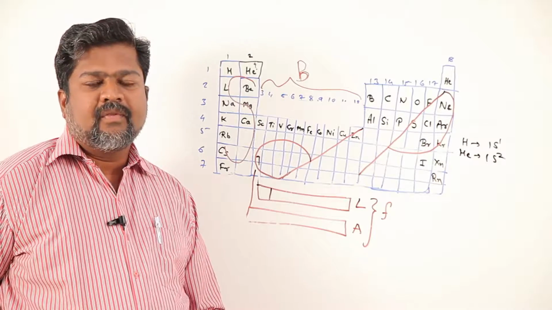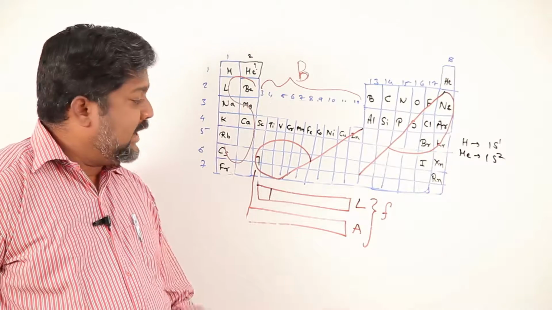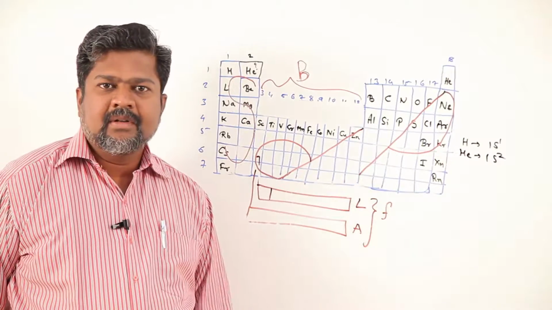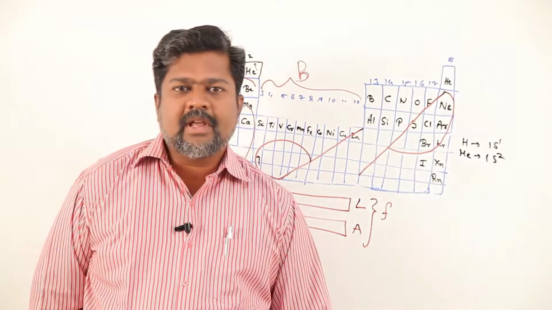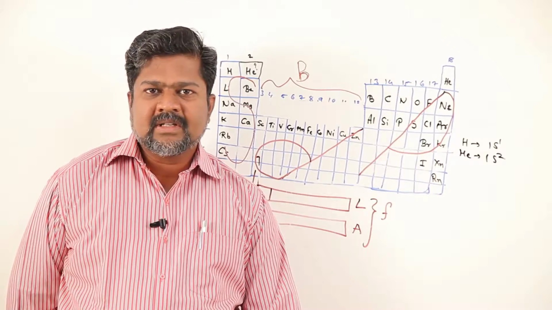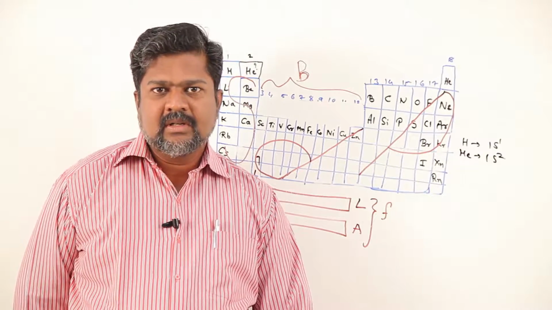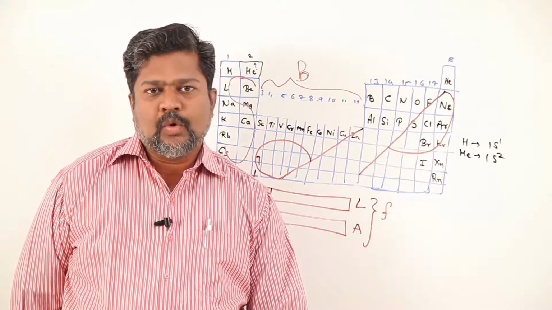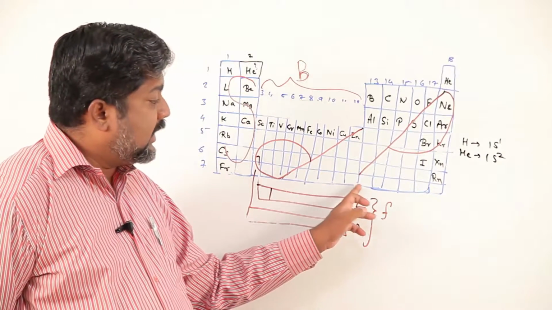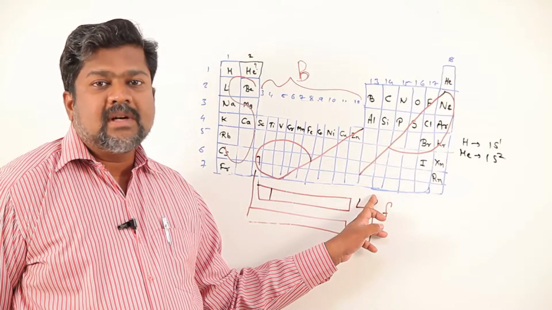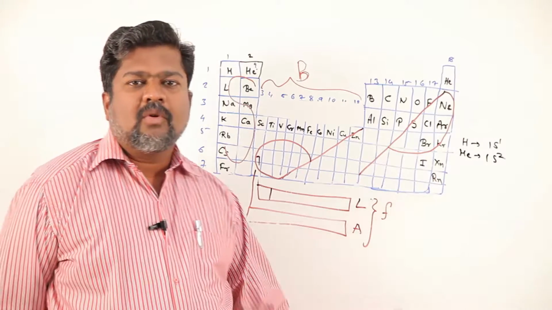In the old days when we used to study, at that time this period was incomplete because elements were not discovered beyond 105. When I used to study, there were 105 elements, but now the number has increased and newer isotopes as well as newer elements are also produced over here. So this period in earlier days was called an incomplete period, but now it is almost going to complete.